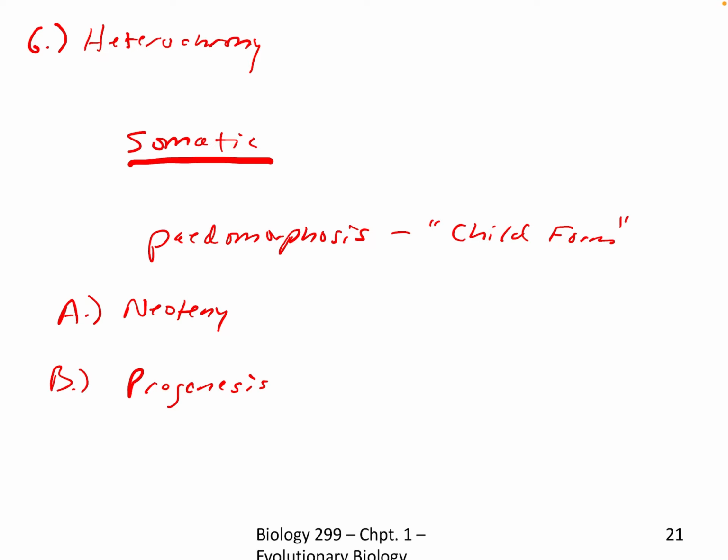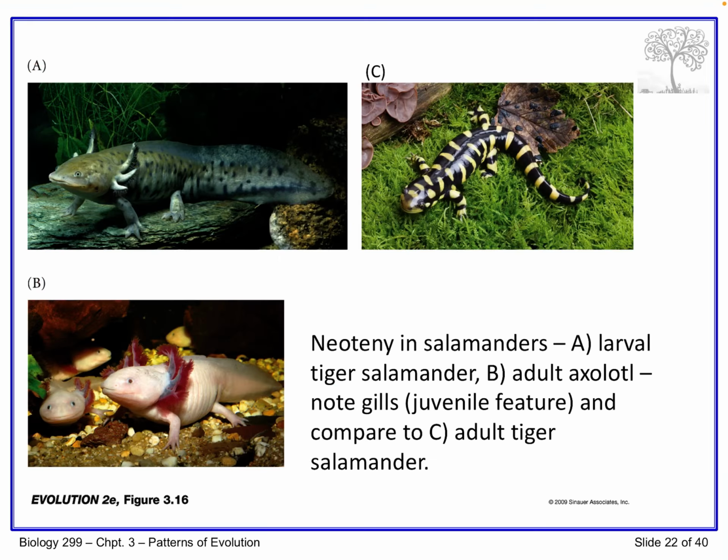So again, the individual reaches sexual maturity and still resembles a juvenile because reproductive development outpaced somatic development. And it's important to remember that once an individual reaches sexual maturity, somatic development stops. So it is where it is once the individual reaches sexual maturity. In both these cases, neoteny and progenesis, you get a sexually mature adult who has yet to take on a fully adult body form.